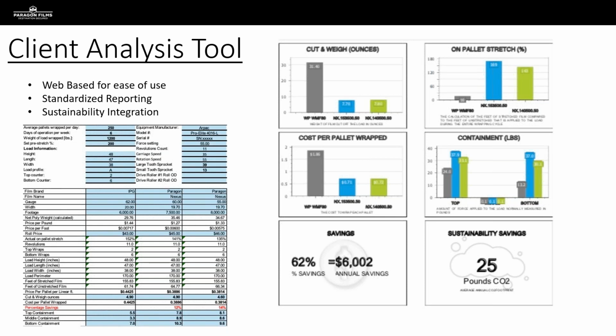And then of course the overall financial savings, and then the containments and so on. So all of this goes into a very nice, clean, easy to use web-based site that we allow our customers to use so they can best show exactly the performance in terms of containment and savings for their customer.